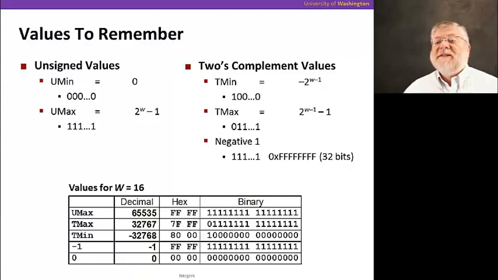And then tmax is a 0 followed by all ones. So the maximum number is only half as big as it was for the unsigned values. And a negative 1 is represented by the sequence of all ones, FFFFFFFF, if we were doing 32 bits. Okay, so for a word size of 16, we would see these values for umax, tmax, and tmin. These would be the hex representations of them and their binary representations.